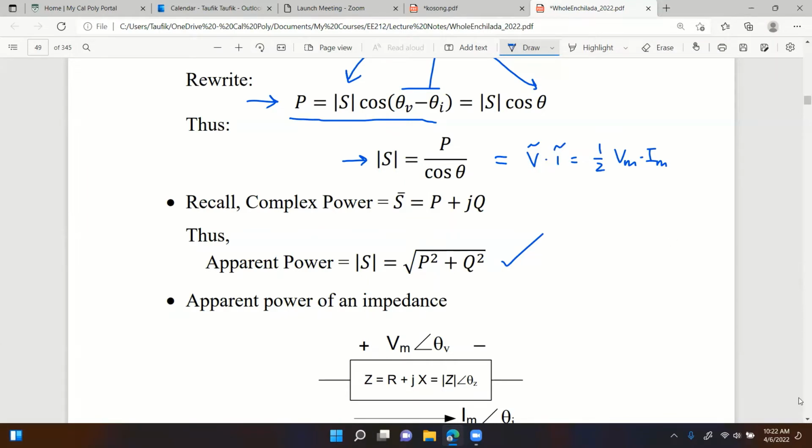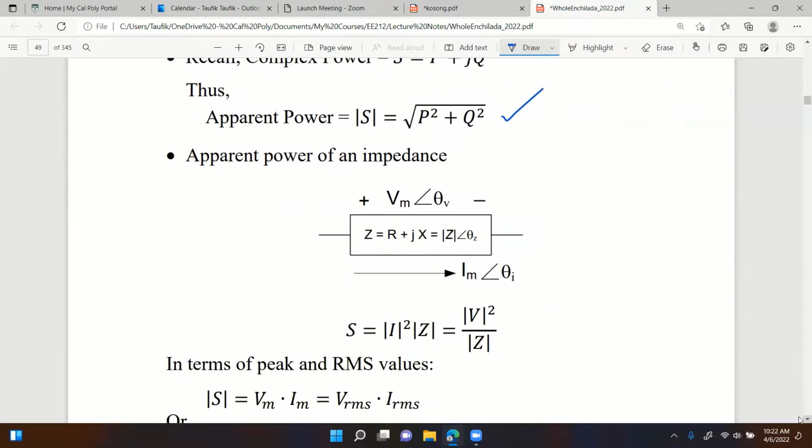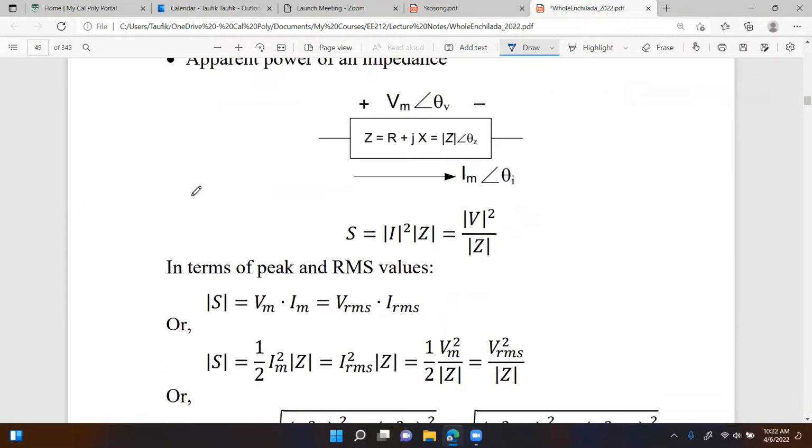If there's no question, then let's move on to this example. I made several mistakes here, so please correct these in your book. We'll see those later. Let's say that I have a component, a device, and I use a box for the device.